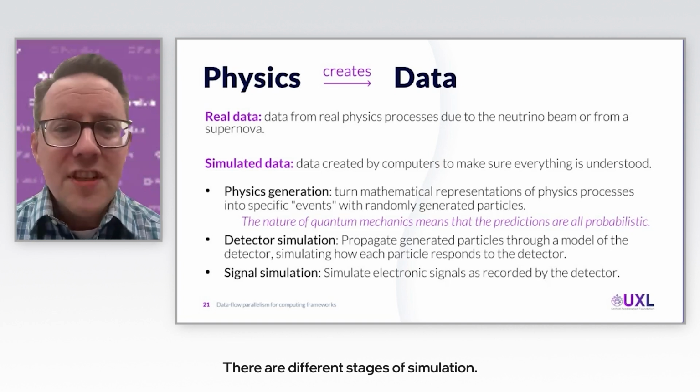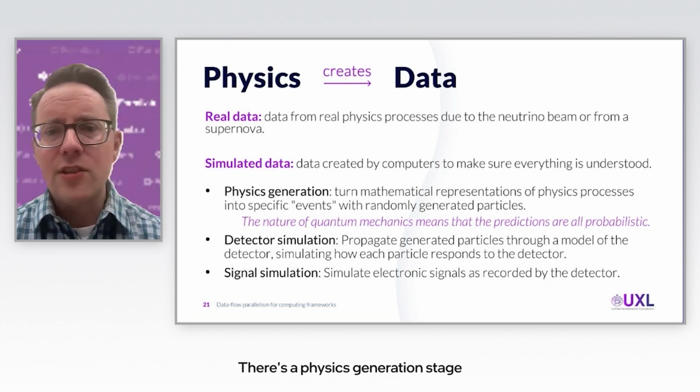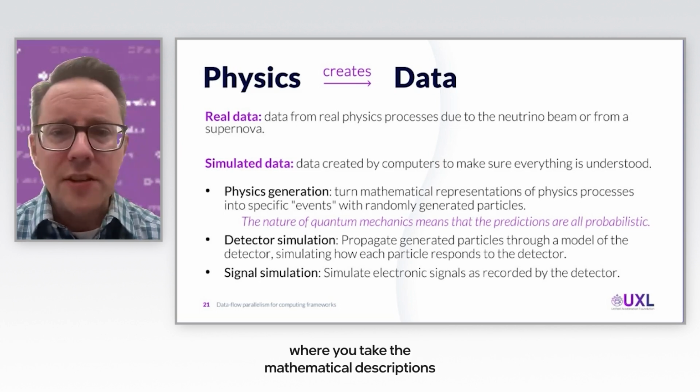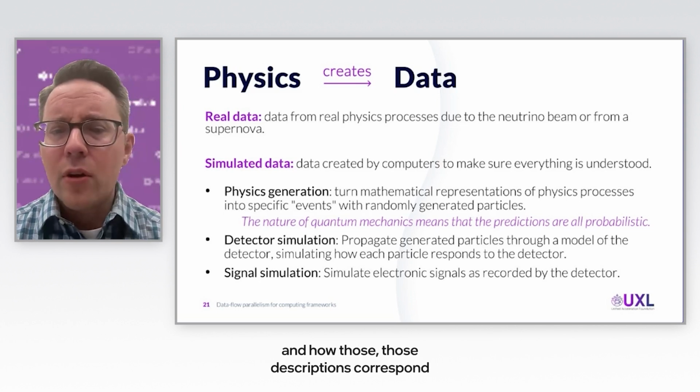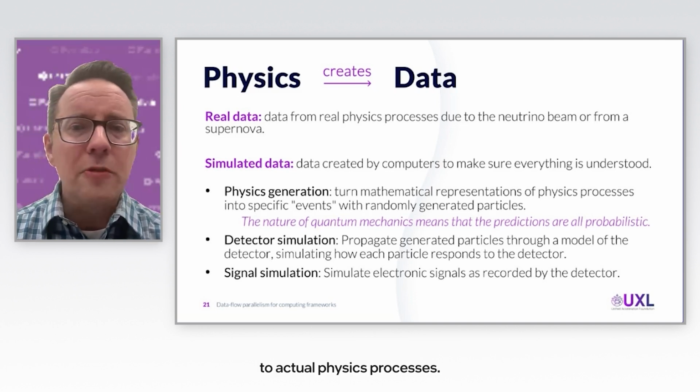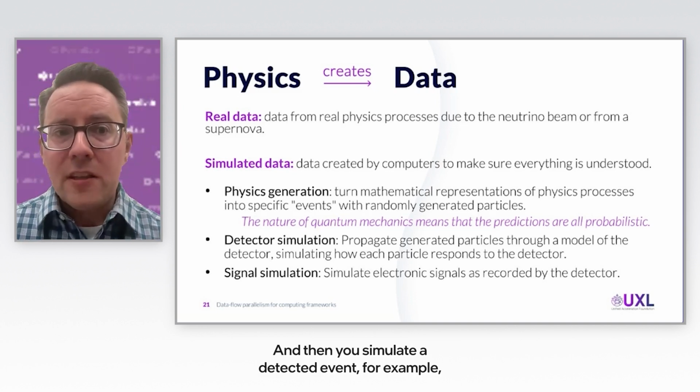There are different stages of simulation. There's a physics generation stage where you take the mathematical descriptions of quantum mechanics and how those descriptions correspond to actual physics processes, and then you simulate a detected event, for example.